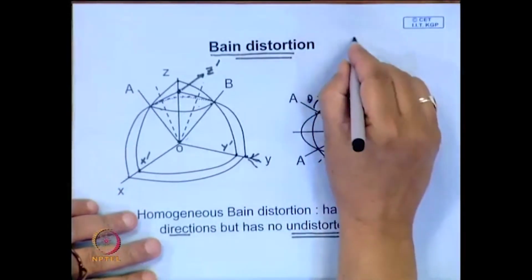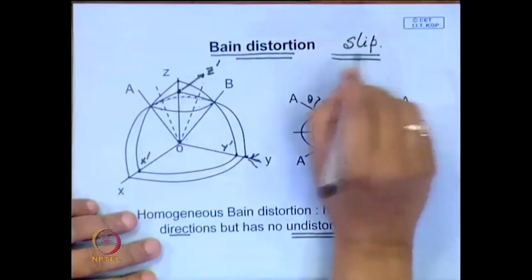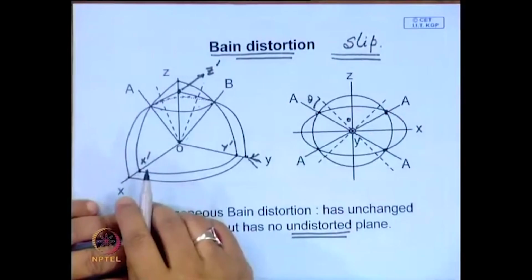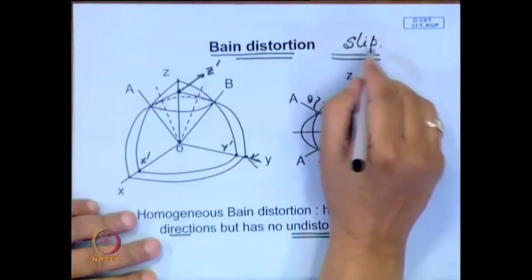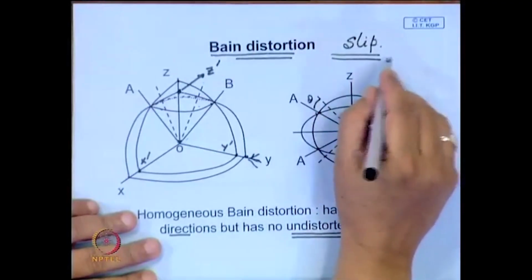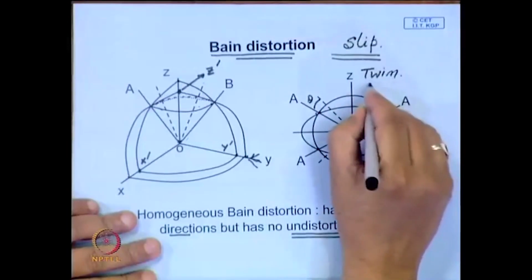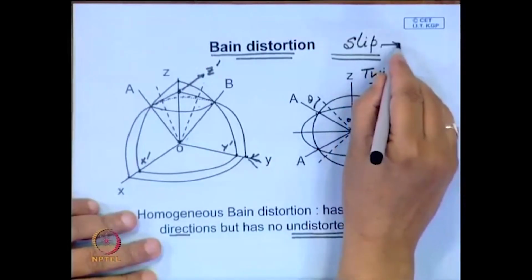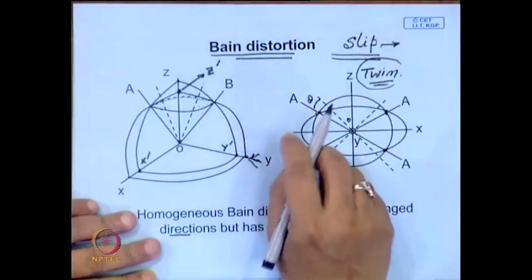One is slip, and we have seen earlier that slip is a simple shear process, in which some amount of rotation is involved. Another is twinning. Slip can take place through dislocation glide, whereas twinning involves some kind of lattice rotation.